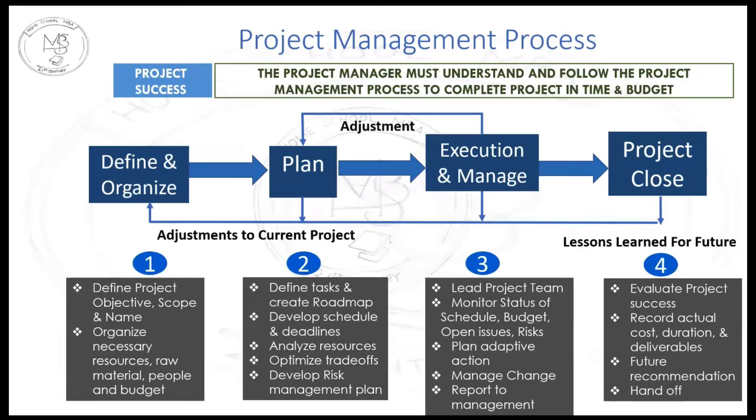Then we go to step number 3. Lead project team, monitor status, schedule, budget, open issues, and then risk, plan, adaptive action, manage change, and report to management. Basically, here what we mean is that we have now organized the team.